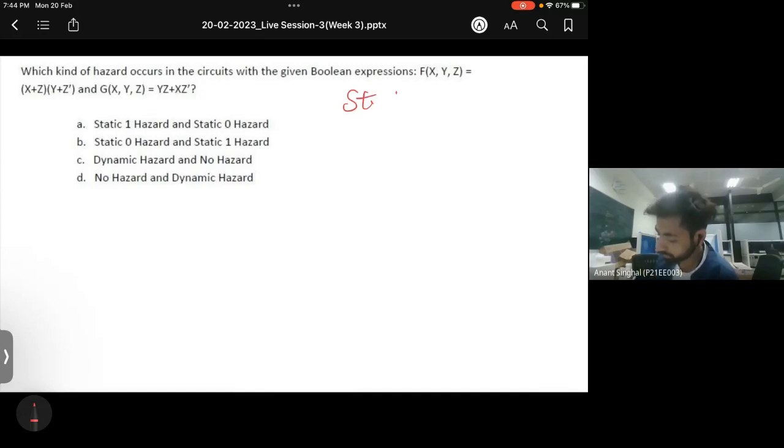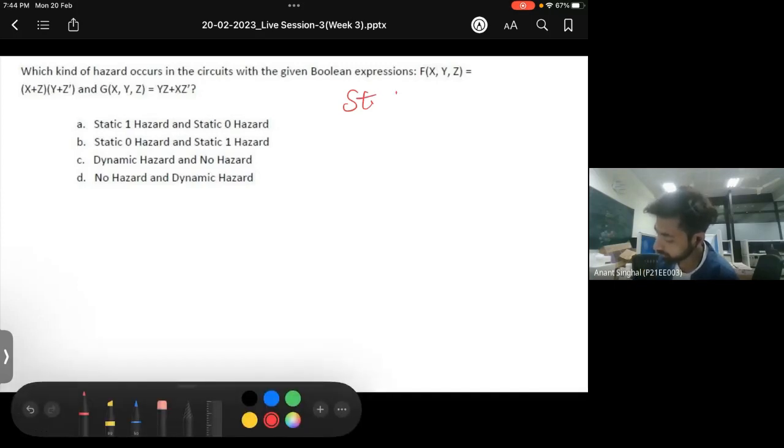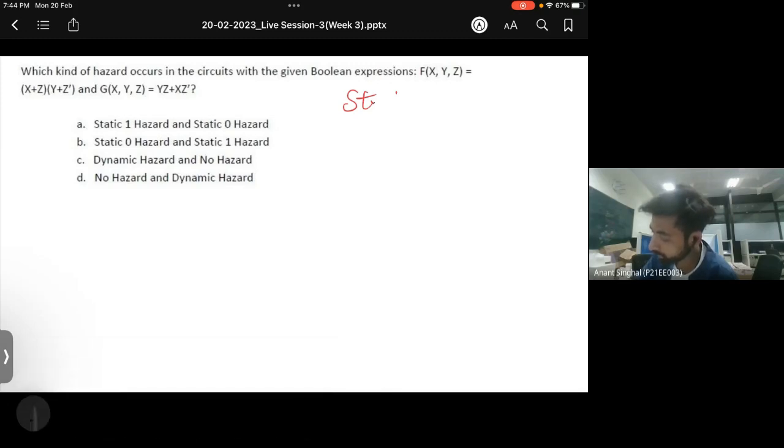One is static zero hazard, one is static one hazard, and one is dynamic. There's some problem with the pen. I'll write a bit slower.